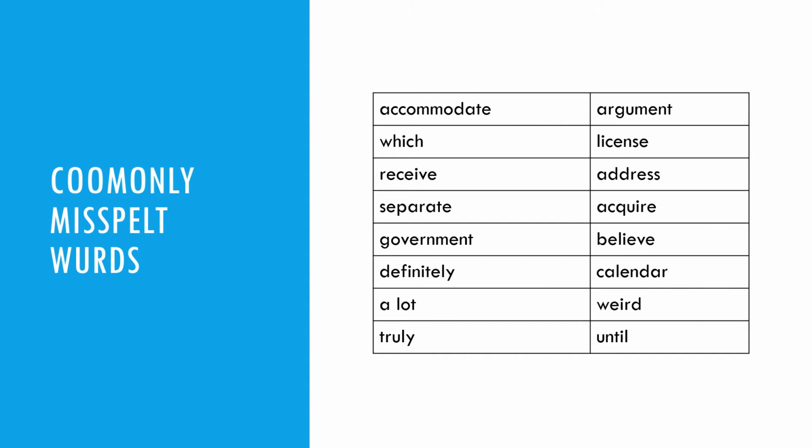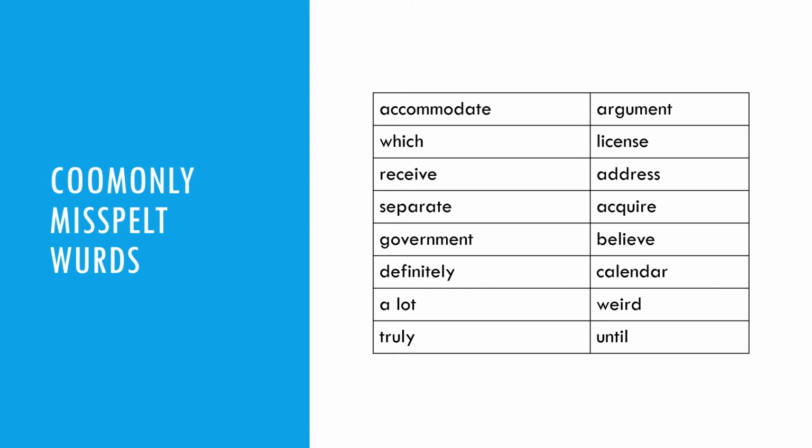So here is a list of some commonly misspelled words. Do you see any on here that tend to trip you up? One that sometimes still gets me is definitely. One that we see often in everyday life is a lot.